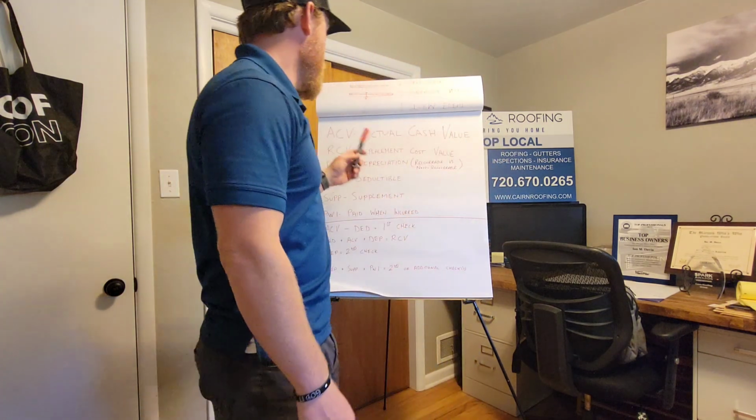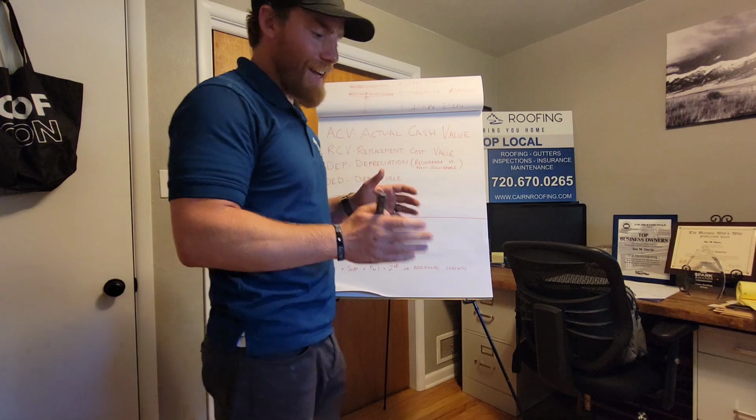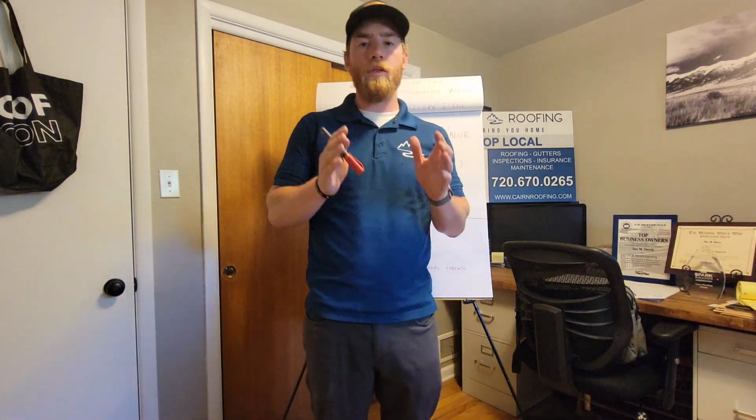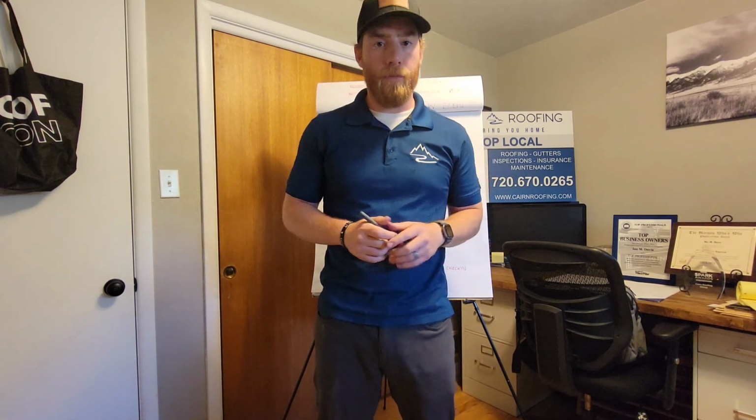The first one is your ACV. The ACV is the actual cash value. That's what it stands for. The best way that I like to explain the ACV on a policy or on your roof is, imagine your roof is worth $20,000 when it's brand new, okay? But that was 10 years ago.